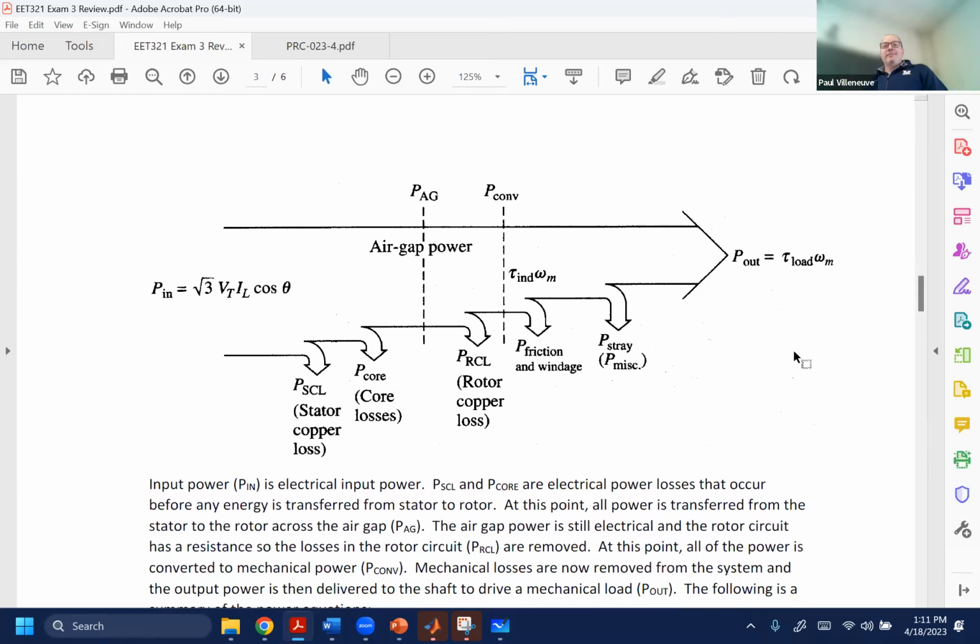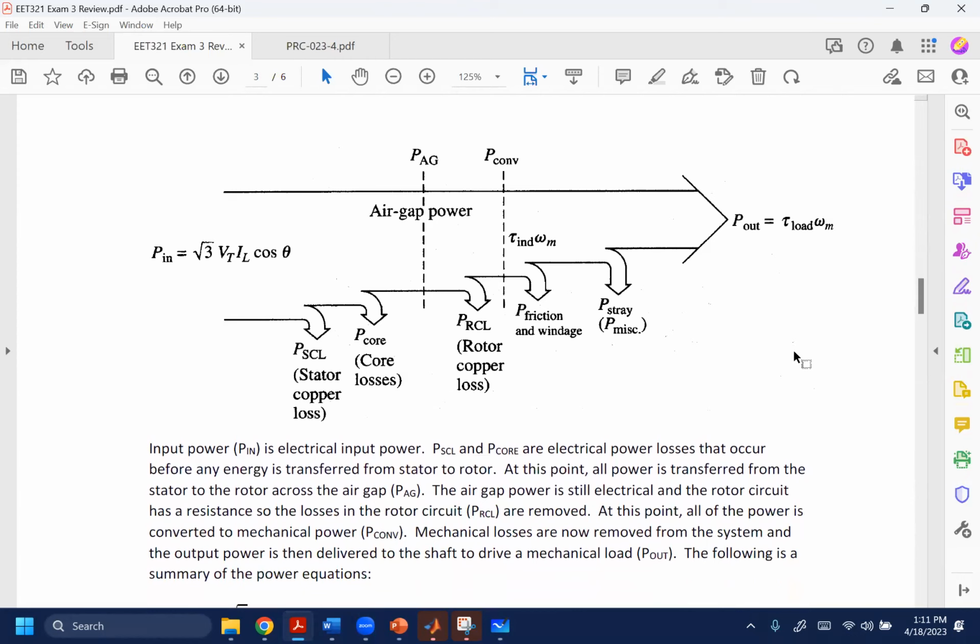Anyway, question on some terminology, Paul. Homework 5 asked for developed torque and output torque, and developed power and output power. Which one of them is the developed torque versus output? This is developed torque. This is all the torque developed from the conversion from the electrical world to the mechanical world.